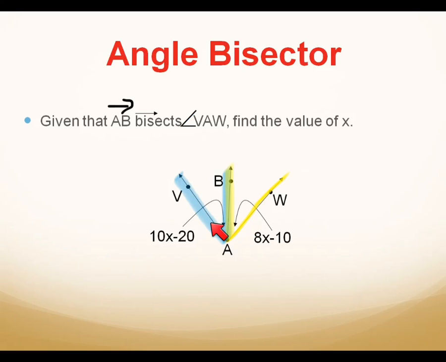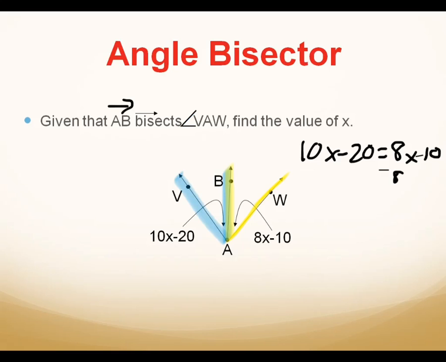So if this angle's 10x minus 20 and this angle's 8x minus 10, and I know they're equal to each other, to solve for x, I just need to set them equal to each other. I know they're equal because they're bisected, right? 10x minus 20 is equal to 8x minus 10. I know that those two are equal because the problem tells me this ray bisects that whole angle.